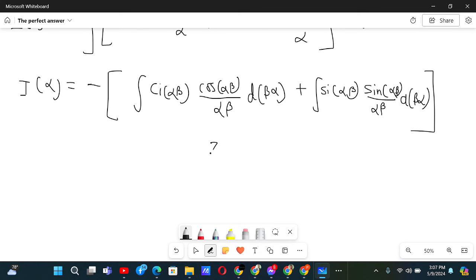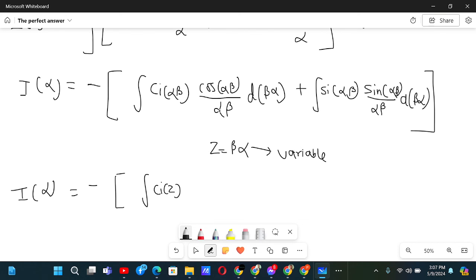If we let g as beta alpha where alpha is the variable, we now have I of alpha as minus the integral of Ci g, and then this is just the derivative of Ci g, cos alpha beta by alpha beta, and then d of beta alpha. This is just the derivative of Ci g, and over here we have Si g, and that is just the derivative of Si g.